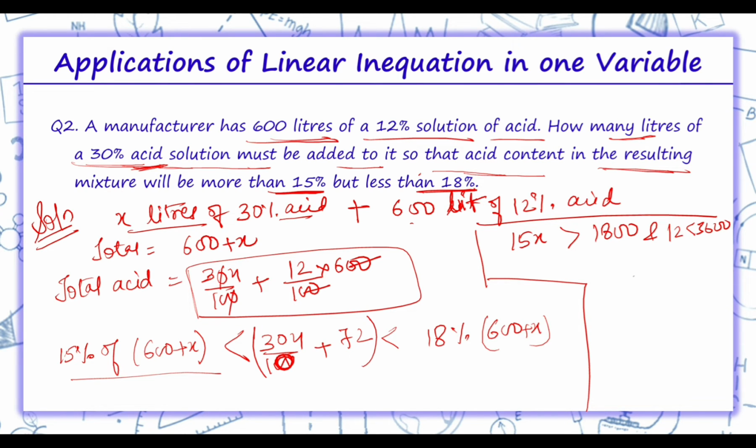When we solve it, we get x greater than 120 but less than 300. So the number of liters of 30% solution must be greater than 120 but less than 300. This is how we calculate the acid content, or whatever they ask in the question.